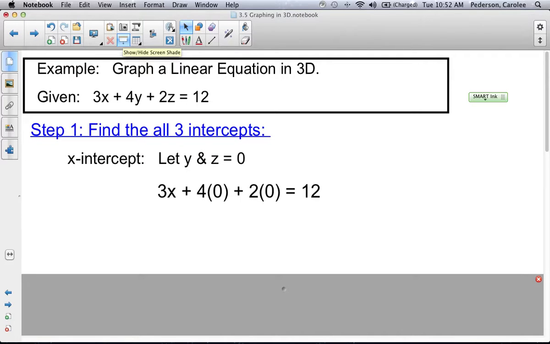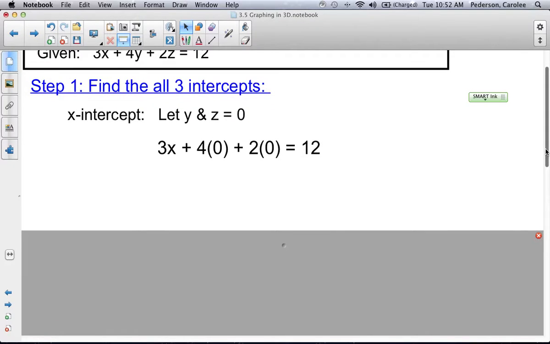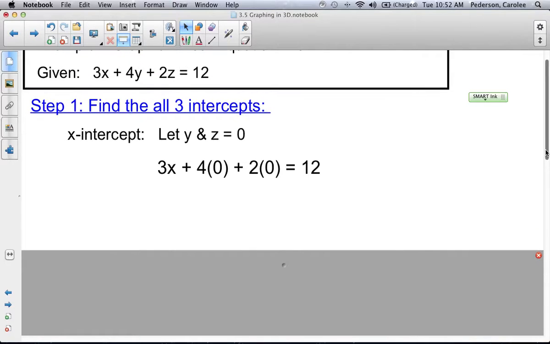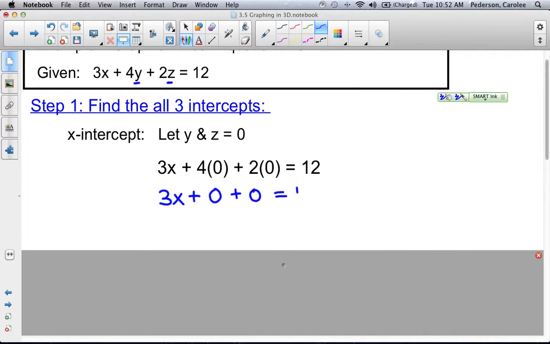So let's work on step 1, finding the intercepts. To find the x-intercept, we're going to let the two variables we're not working with, y and z, and we're going to set them equal to 0. So notice, here is our y, here is our z. Those two terms will always cancel out. So we have 3x, 4 times 0 is 0, 2 times 0 is 0, and then 12.